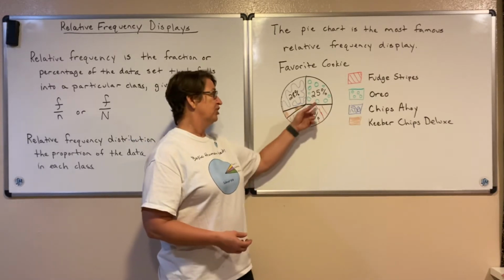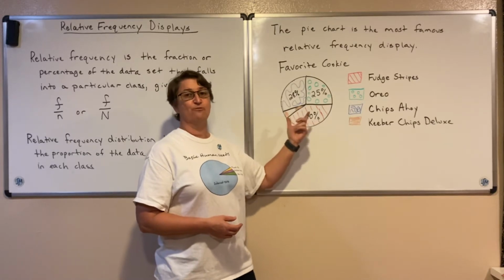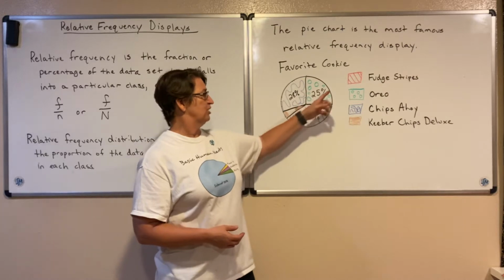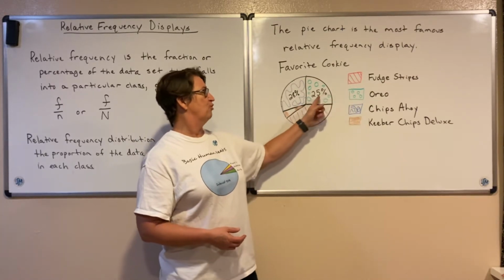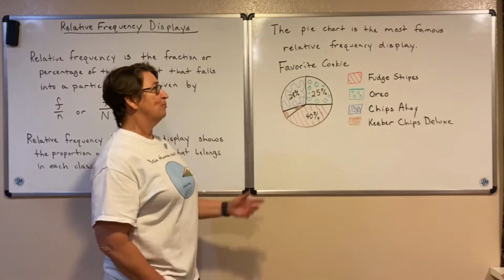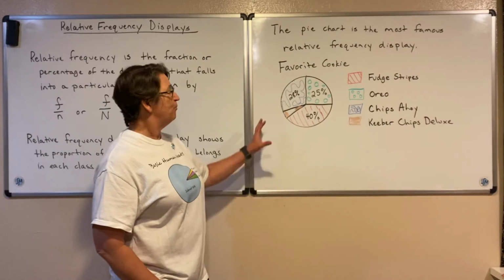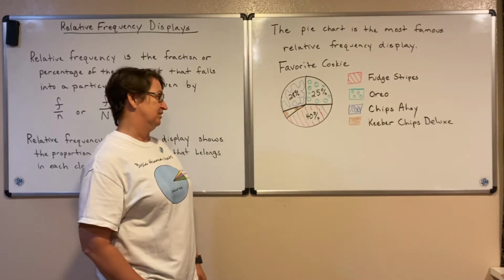So I don't know the numbers, the frequencies, but I do know the parts of it. What fraction does this make up? So my fraction of fudge stripes is bigger than my fraction of Oreos. So that's what that tells me. So the pie chart is the most famous of those. And that pie chart just shows those percentages or those relative frequencies.